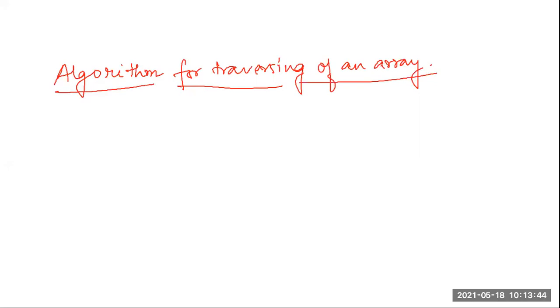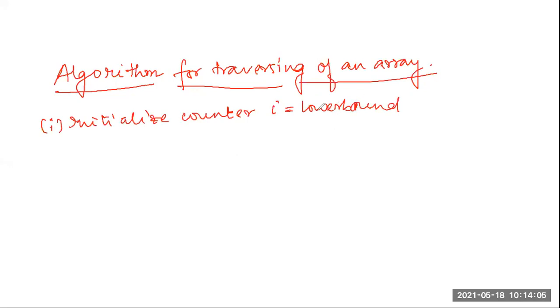So the first step was initialize the counter I is equal to lower bound, that is 0. Fine.